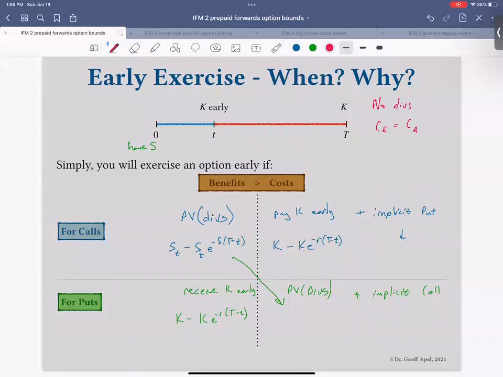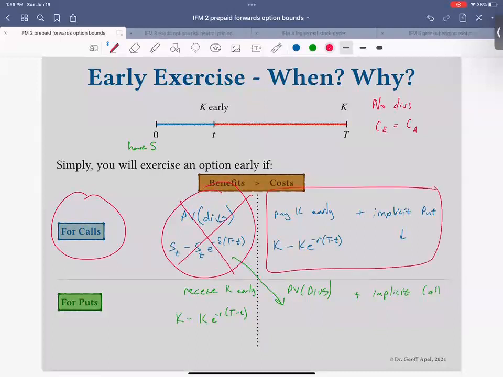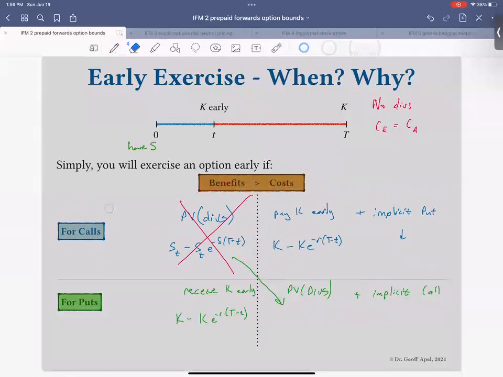Because if I have a call but there are no dividends, then there is no benefit for me to exercise the call early. This is a big fat zero, so there's no way that it's going to be greater than this right-hand side, no matter how small it is. So it's never optimal to exercise early. Because of that, an American call is kind of like you're never going to exercise early.